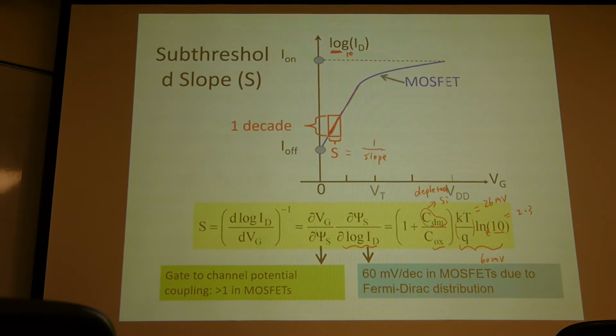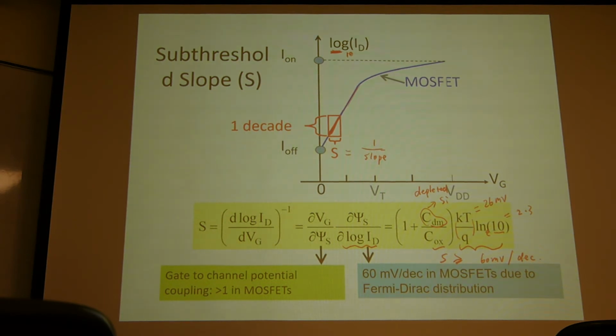But the basic idea here is that you will see this S factor is always larger or equal to 60 millivolts per decade. So decade means what? Means one order of magnitude. And S in this voltage, or in other words, this S factor tells you the voltage you need to reduce for reducing the current by 1 decade.